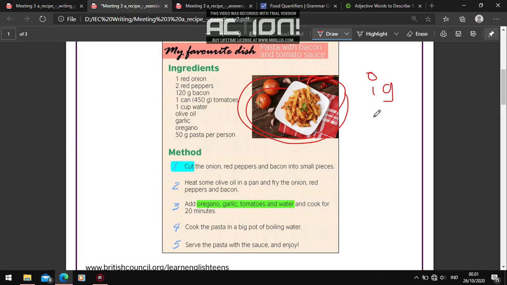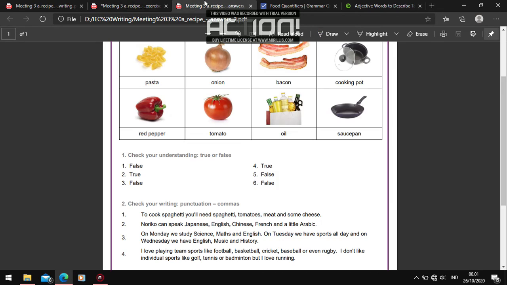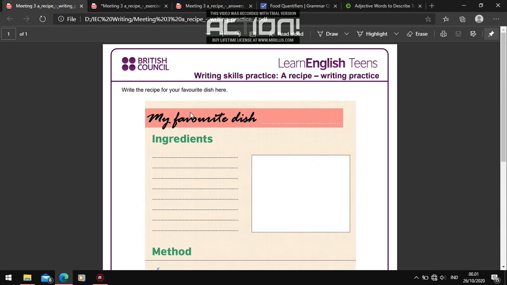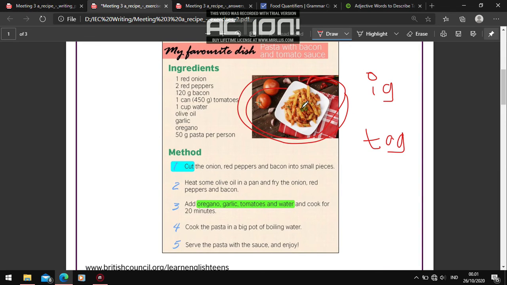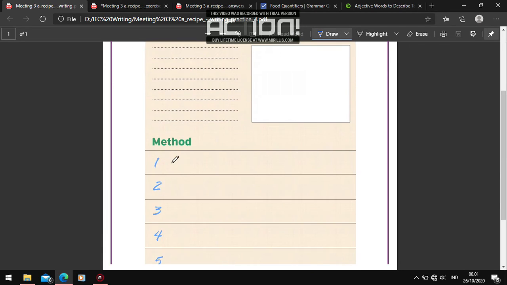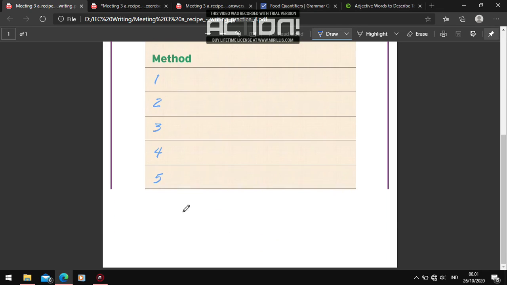Okay, and don't forget to tag Pendidikan Bahasa Inggris, IG, and then please don't delete your picture. Okay, and then on the caption of the picture, you write the ingredients. And then you write the methods 1, 2, 3, 4, 5.